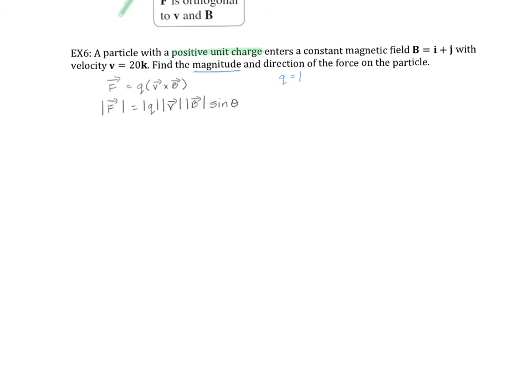What about V and B? Well, we're entering a magnetic field B, which is equal to i + j. And that tells me that my vector B is, and I'm going to use vector notation, so it's going to be 1, 1, 0.